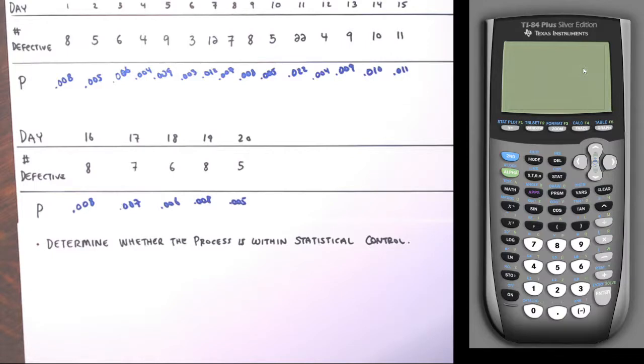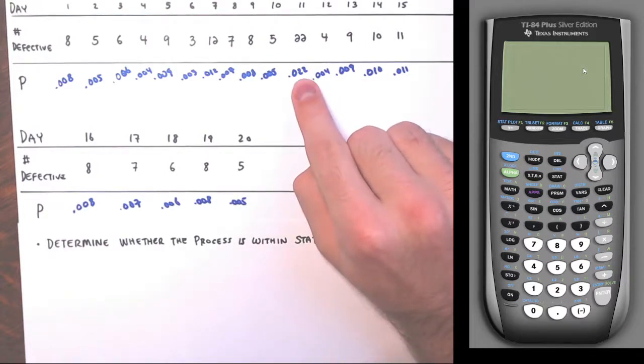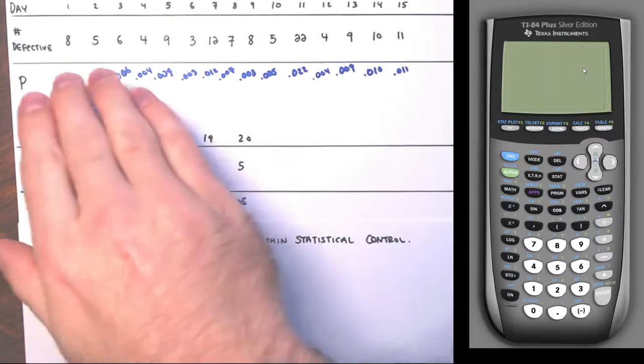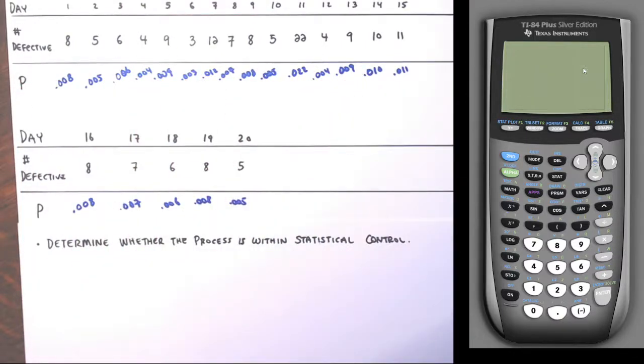Now, I'm telling you right now, based on these numbers, and being that these are defibrillators, very important pieces of equipment, this 11th day is striking me as high. 2% defective on one day, that's wrong. That can't fly. But again, that's not what I'm worried about. I'm just asking, are the numbers consistent enough? Then after that, we could ask the question, do we like the process as is?